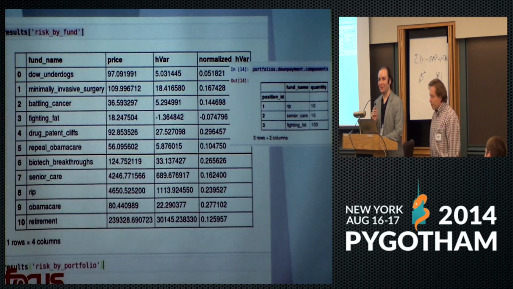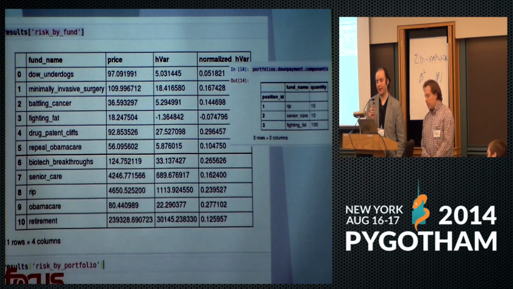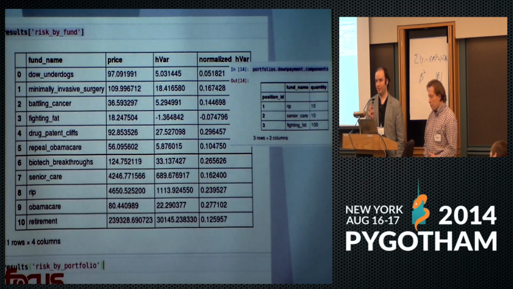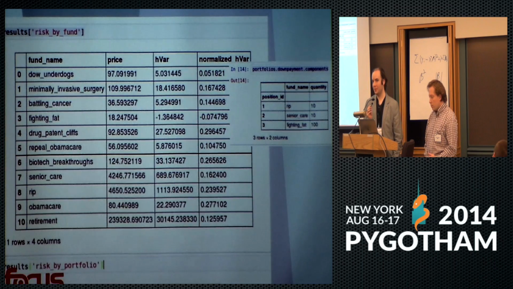Sure, it's just a matter of coding. I was actually hoping I'd have time to implement a Newton's method optimization to play with it and to pull in some estimate. But depending what you do, you have to put some parameters around that. If you really wanted to, you could get your absolute minimum risk, according to the methodology here, by just throwing it all in this fighting fat fund, which actually has a negative risk at the moment.